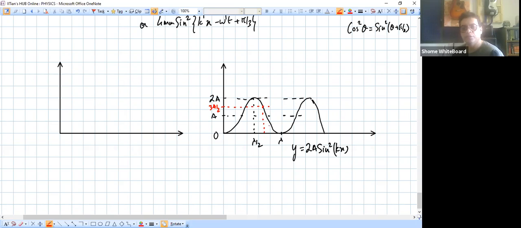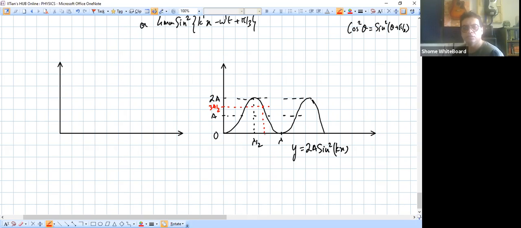So now this point, okay, will correspond to sine square becoming how much? 3/4. Okay, or sine becoming root 3/2. I mean plus minus root 3/2.